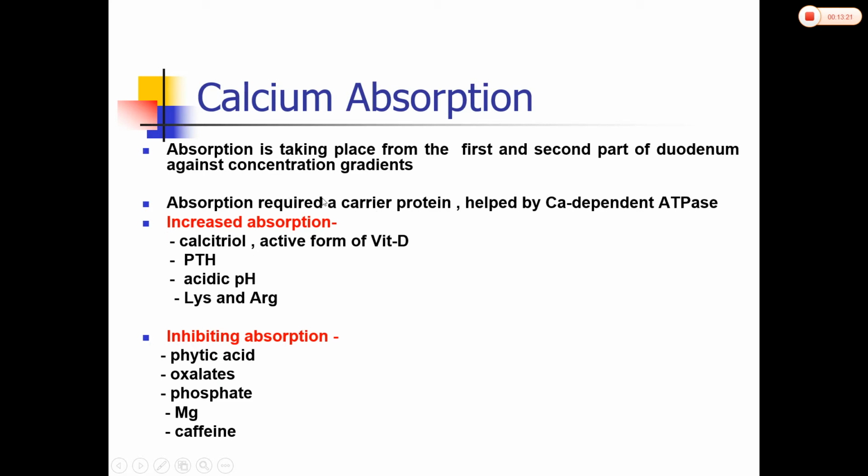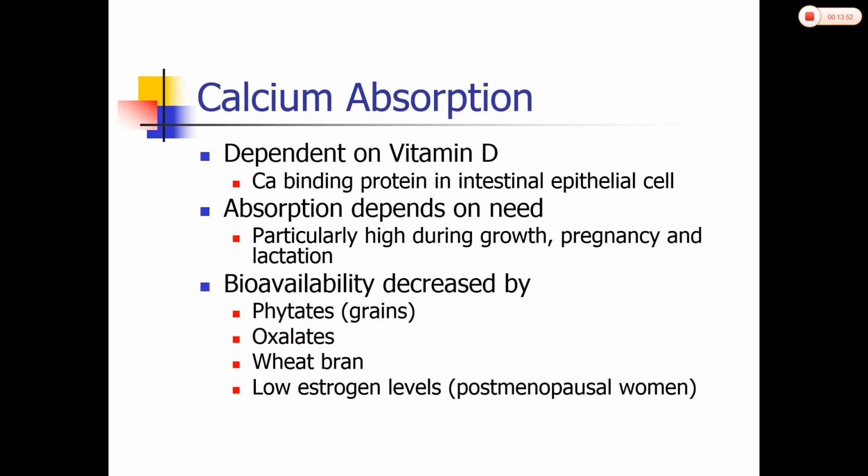And the increased absorption takes place due to calcitriol, which is the active form of vitamin D, or parathyroid hormone may regulate the increased absorption, or the acidic pH, or the lysine and the arginine amino acids may lead to an increase in the absorption, whereas inhibition in the absorption could be due to the oxalates, because it forms calcium oxalates, or the phytates, or the phosphates, magnesium, or intake of too much caffeine can affect the calcium absorption.